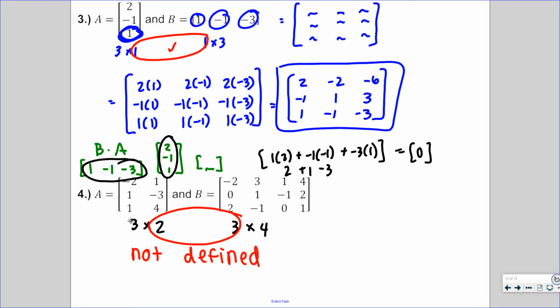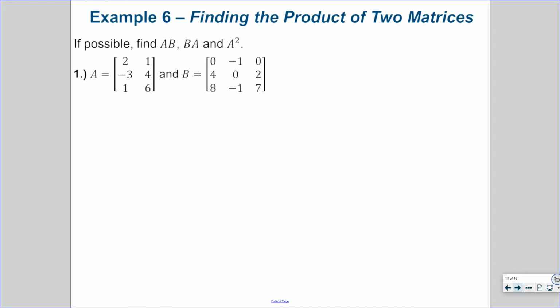Okay, squaring. I'm going to have you try this one because I feel like you get this and it's pretty easy. I want you to find A times B with these two matrices, B times A, and then A squared. Careful with the A squared.